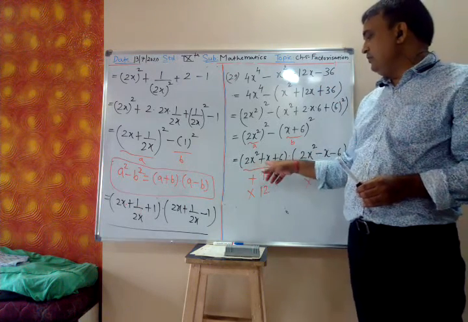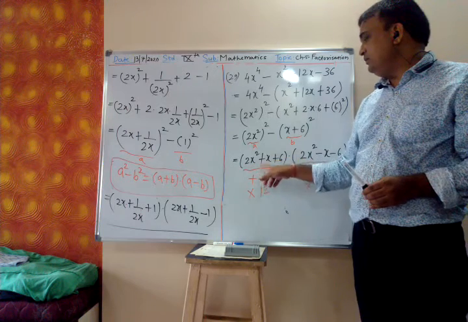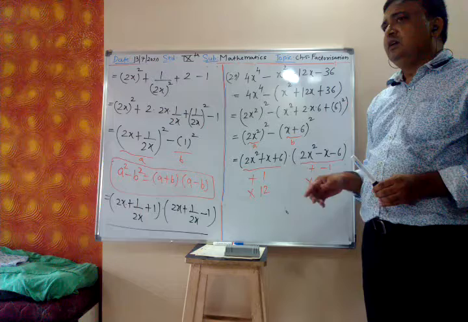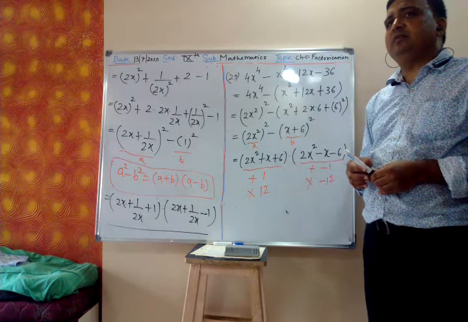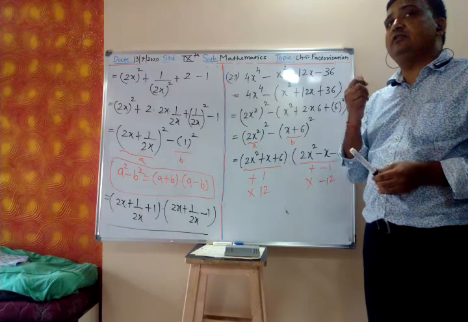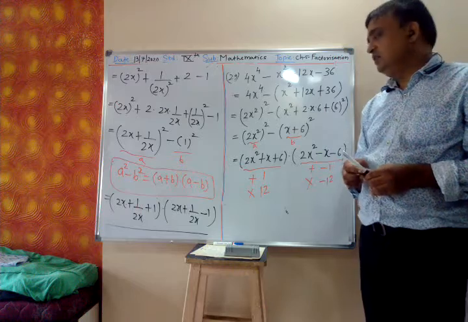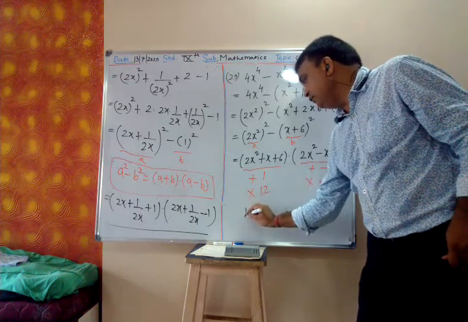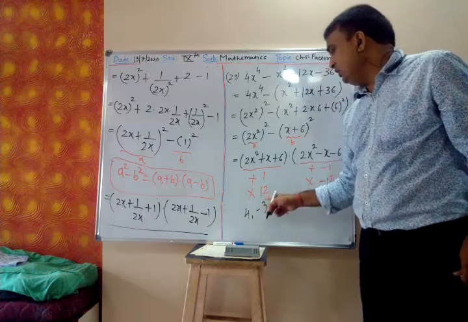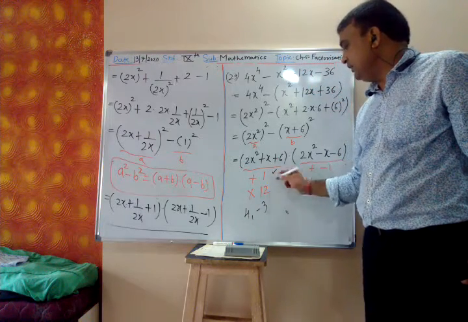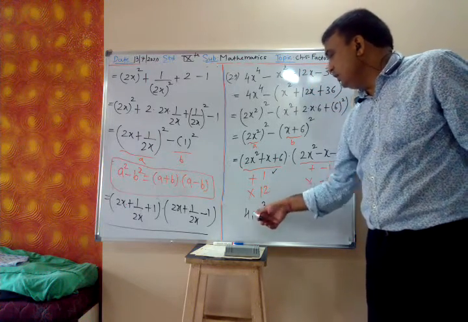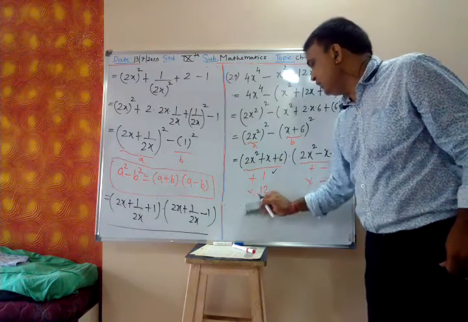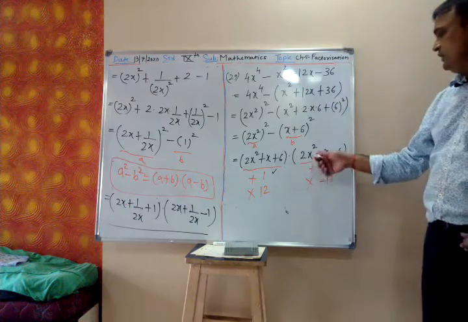Find two numbers whose sum is plus 1 and multiplication is plus 12, 2 into 6, 12. We cannot find, because even if you find 4 and minus 3, when you add, you will get plus 1. This condition is satisfied, but the other condition does not. 4 into minus 3 is minus 12, but we want plus 12. So I cannot take 4 and minus 3. What about this?